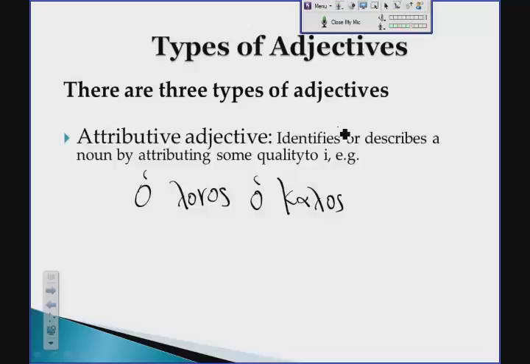Or if the adjective does not have an article, then you must have an article, and then comes your adjective and then logos. Ho kalos logos. The adjective must be situated between the article and its noun. Okay?